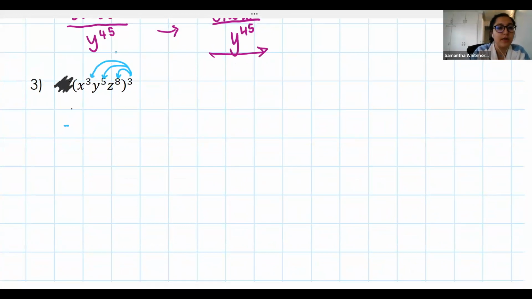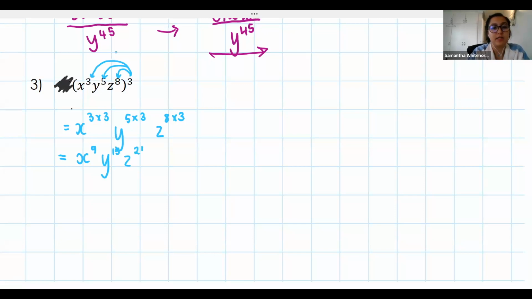So we're going to have x to the power 3 times 3, y to the power 5 times 3, and z to the power 8 times 3. We are distributing, we are multiplying exponents. So x to the power 3 times 3 becomes x to the power 9. Y to the power 5 times 3 becomes y to the power 15. And z to the power 8 times 3 becomes z to the power 24.